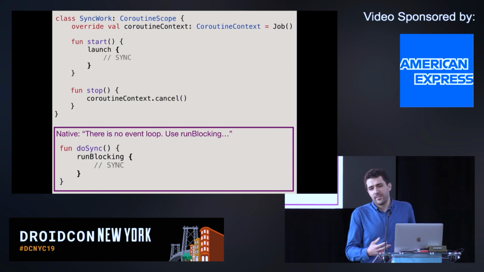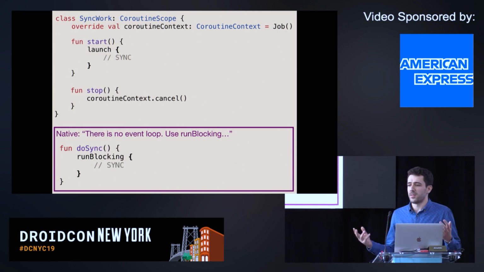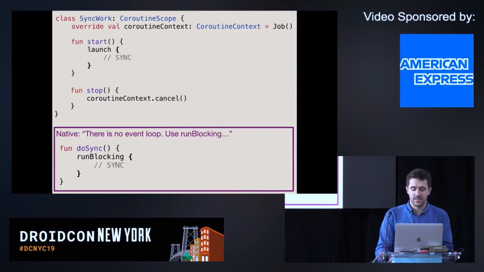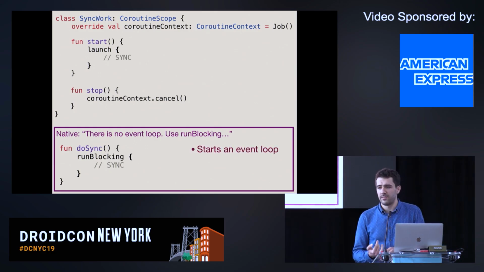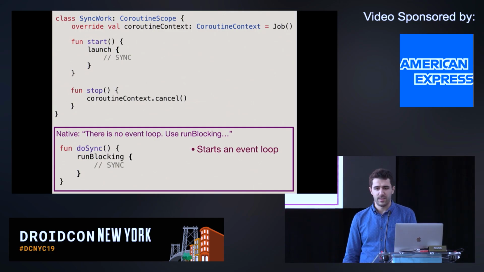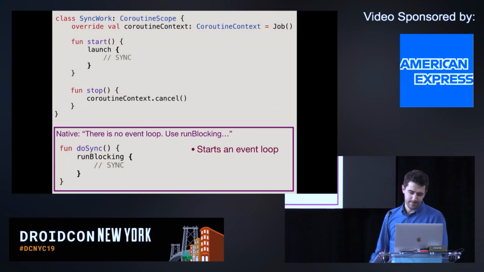If you've never seen runBlocking before, or maybe you went through the Kotlin guide on their GitHub, saw it, and then tried to forget about it, there are 3 things you should know about runBlocking for this talk. First, runBlocking starts an event loop so that you can do asynchronous work with coroutines. If event loop is a term you've seen before but aren't super familiar with, you can just read this as fires up coroutines.